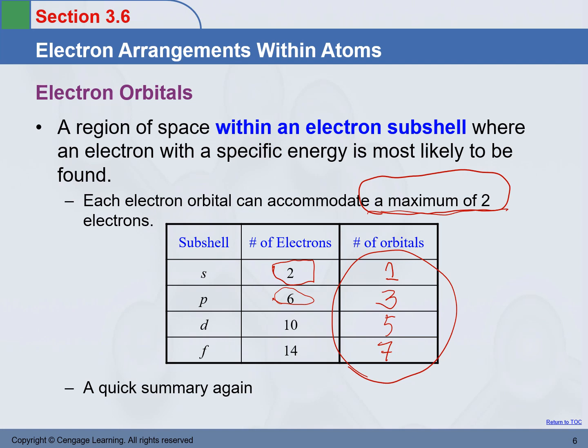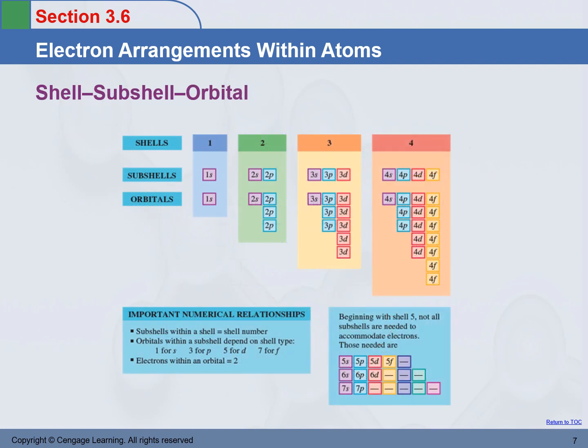A quick summary again. This is what we have learned about shell, subshell, and orbital. They put the shells in the horizontal way this time. Assume the nucleus is here. So this is shell number 1, shell number 2, shell number 3, shell number 4. In shell number 1, there's only 1 subshell, 1s. In shell number 2, there are 2 subshells, 2s and 2p. Shell 3 has 3s, 3p, 3d, and shell 4 has 4s, 4p, 4d, 4f.